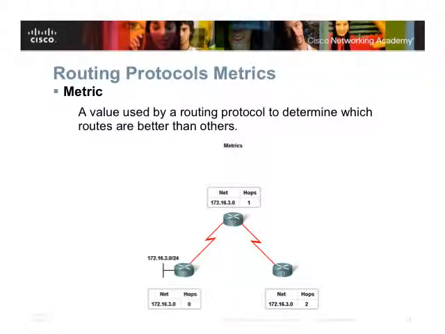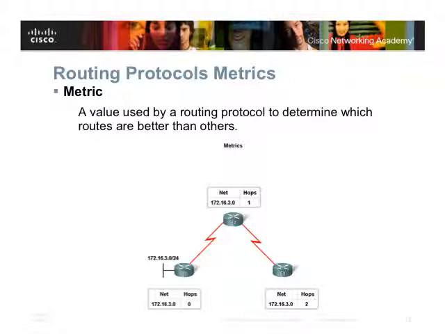Remember that between R1 and R2, I could use, for example, 1 gigabit Ethernet. Between R2 and R3, I could use only 100 megabit Ethernet. Or I can use wireless. This link could be wireless. So the link between R1 and R2 could be optical. Right?